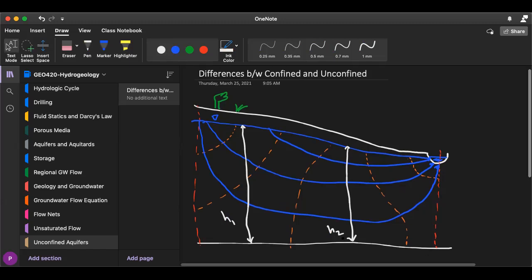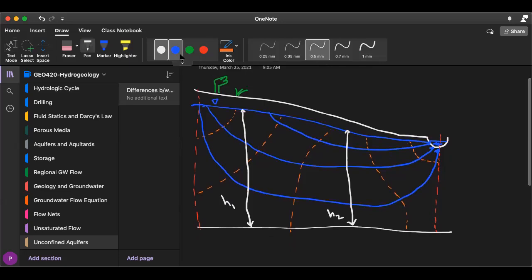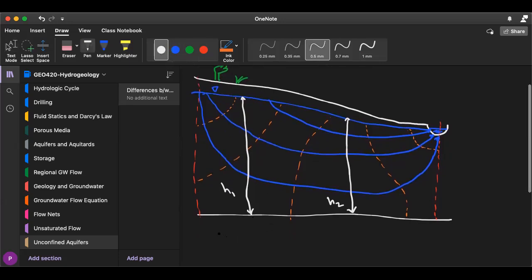Okay, so some observations about this aquifer that are important to make. The first one here is that H1 is not equal to H2.